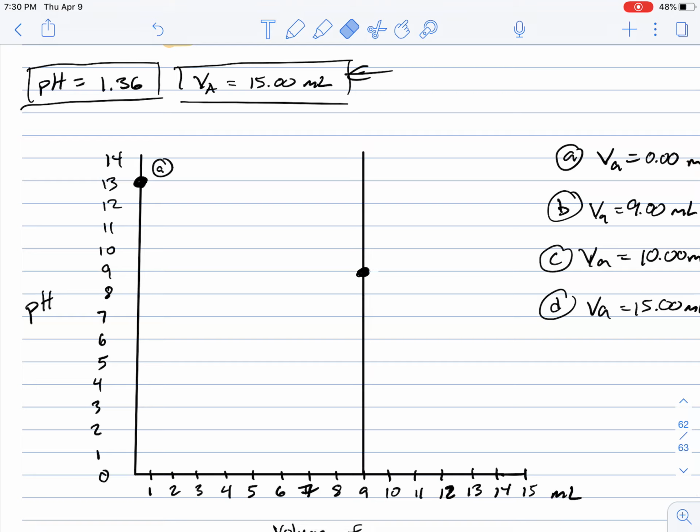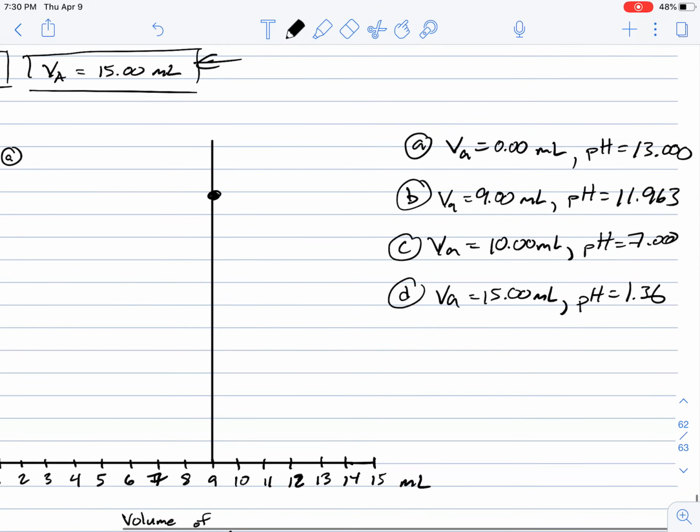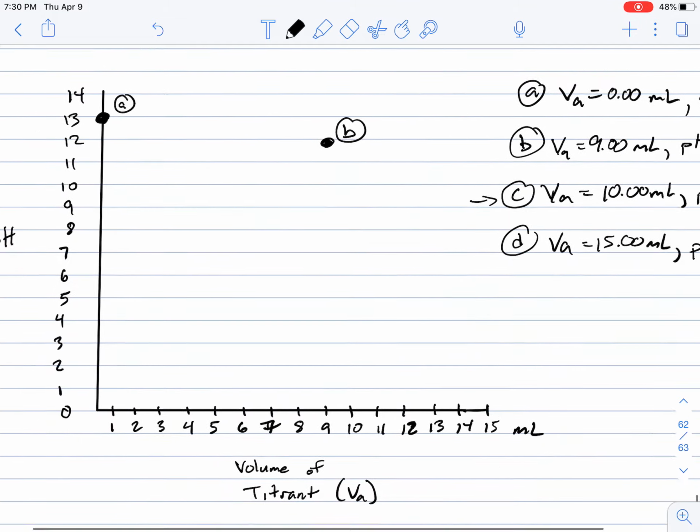Okay. It's just underneath 12. Okay. So that is point B, and then C, 10 mils and 7.